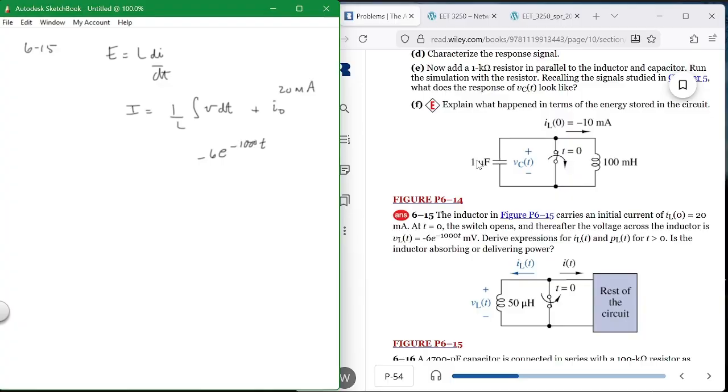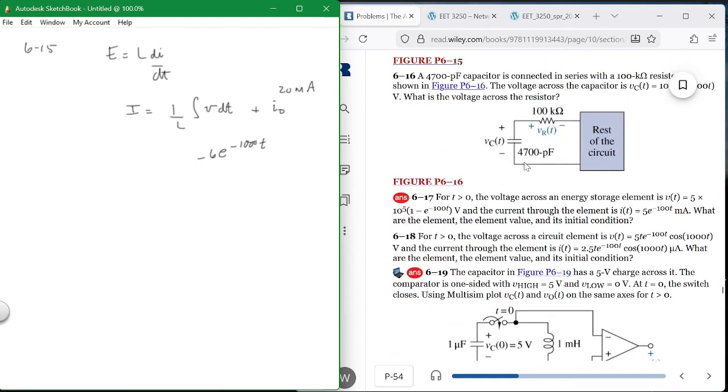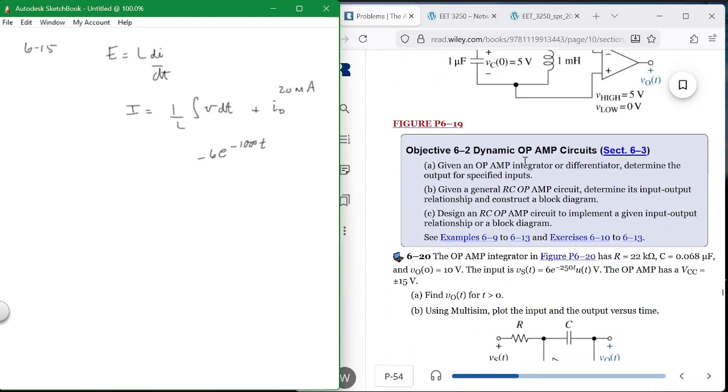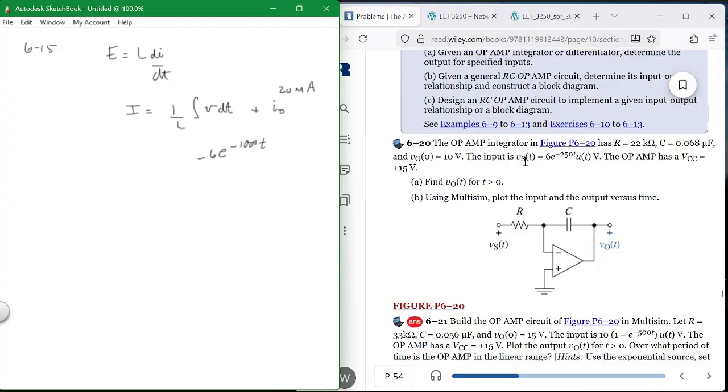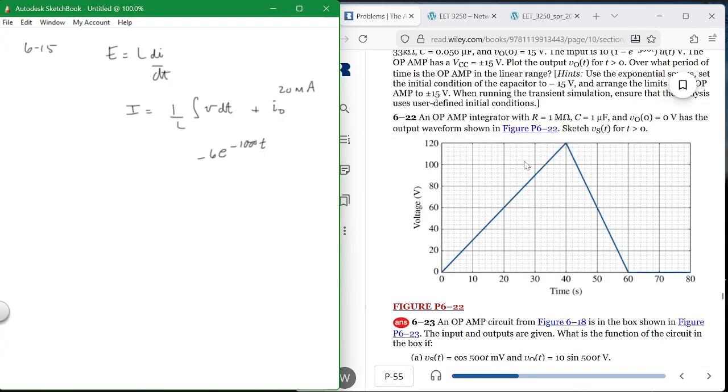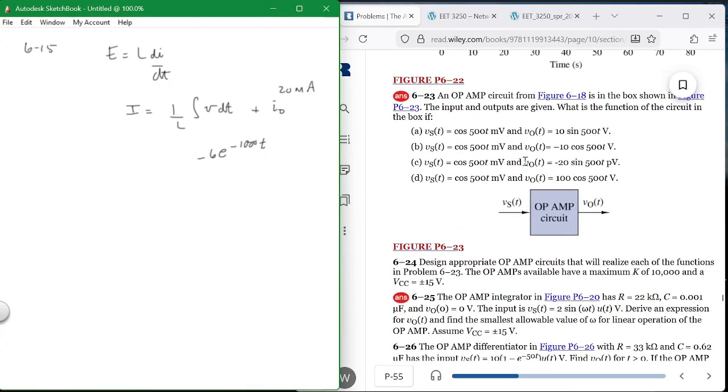I'll give you those two. You can skip them. If you want to do them, it's fine. And there's the rest of them. Scanning through the chapter for you to see what's all been asked.